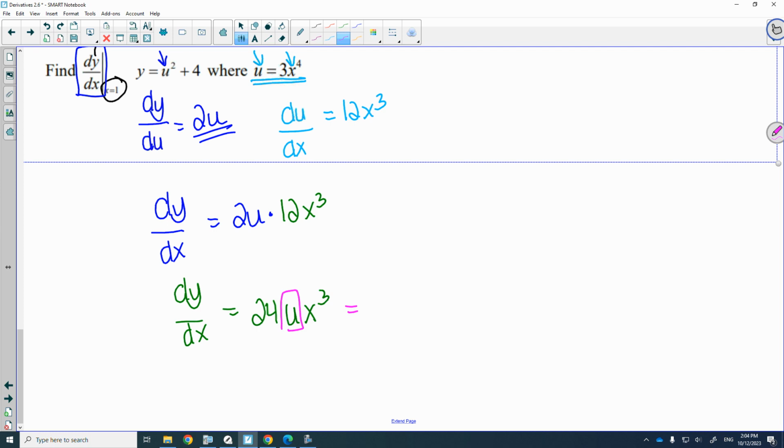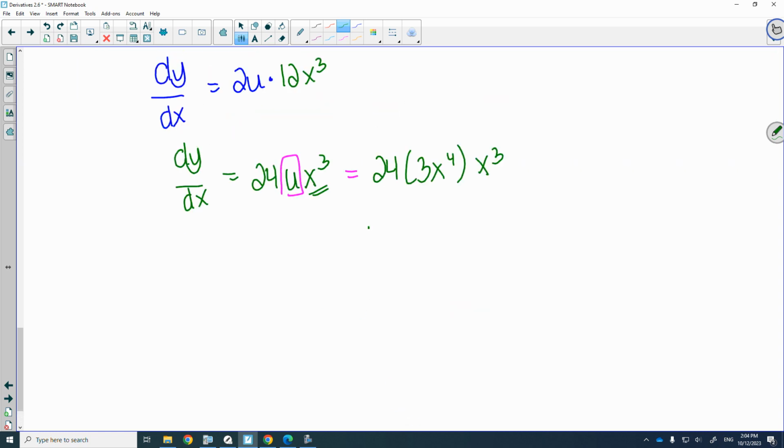We're going to take u out, and what are you going to put in for u? 3x to the power 4. So I've got 24 times 3x to the 4 times x to the 3. Okay, so that's my dy dx. So dy over dx is equal to, what's 24 times 3?